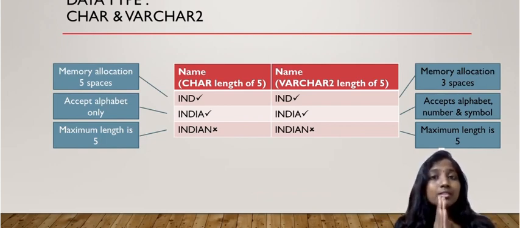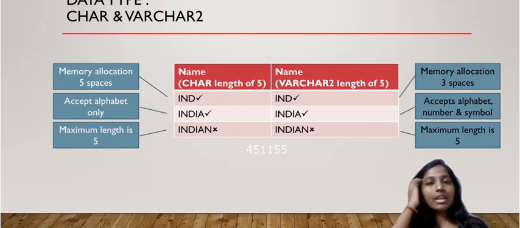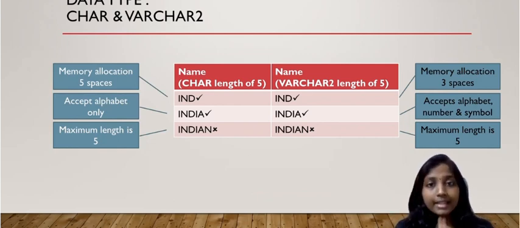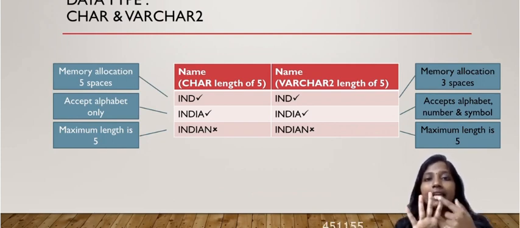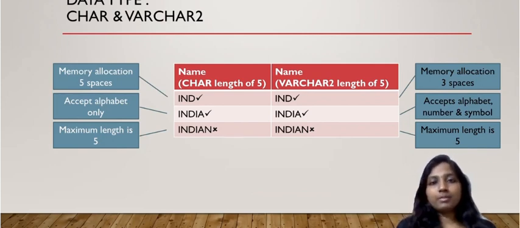But what happens in the storage space is, if you define a column as a character type, it is going to allocate 5 spaces. Though only 3, I, N and D, are going to be entered, it will allocate 5 spaces.